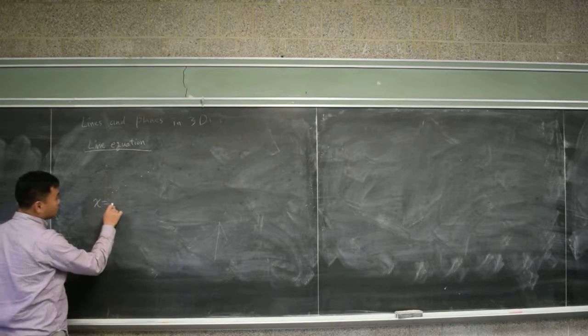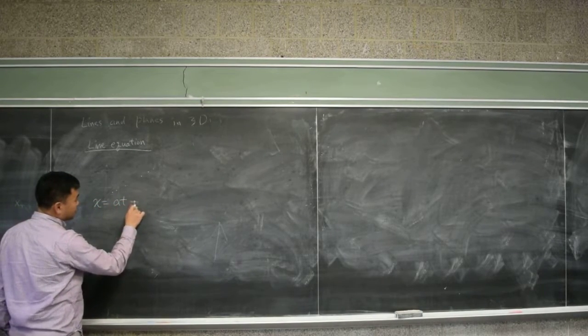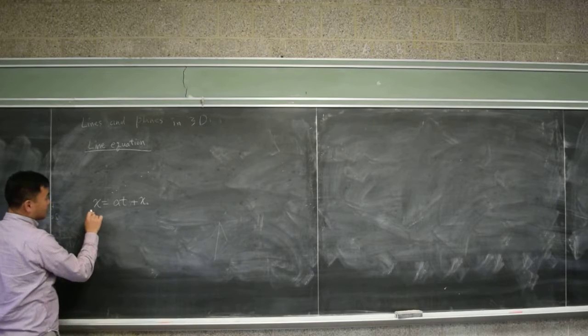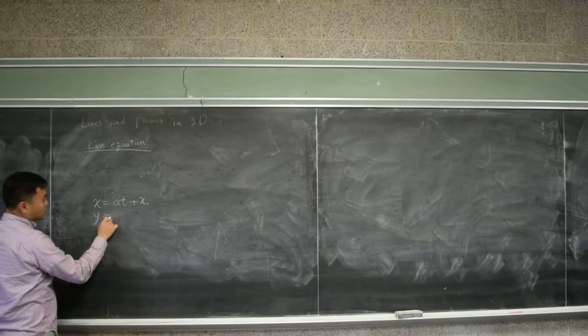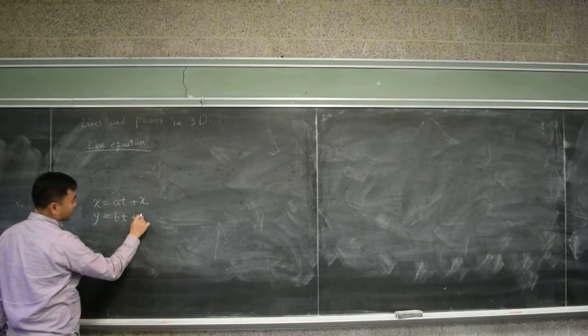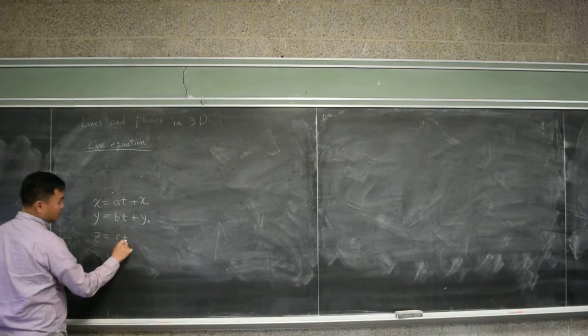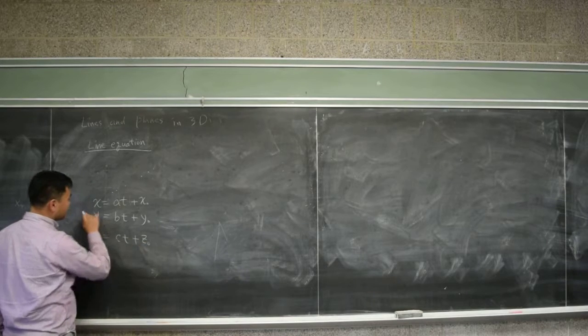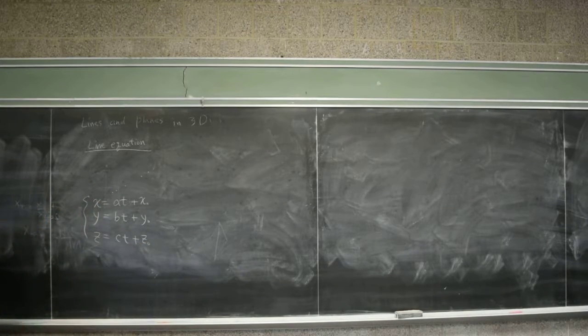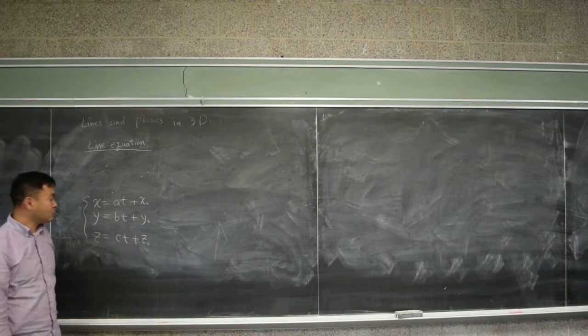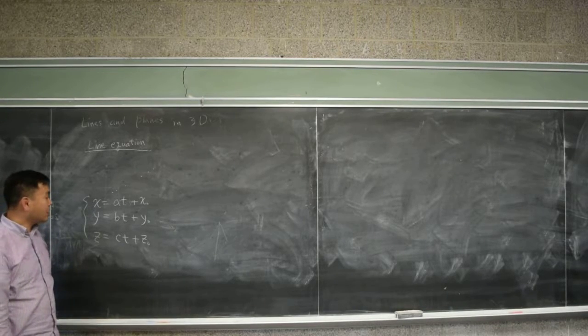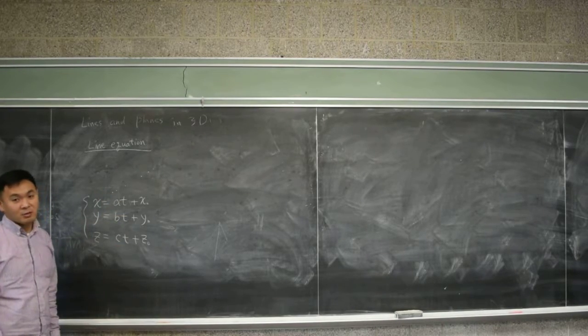X equals at plus x naught. Y equals bt plus y naught. Z equals ct plus z naught. So think about a point particle moving in space whose position at time t is given by this.